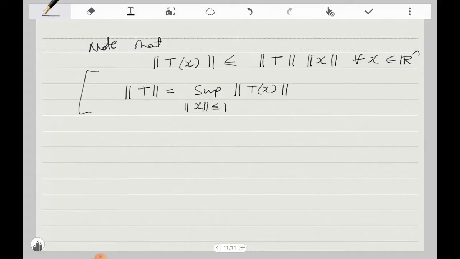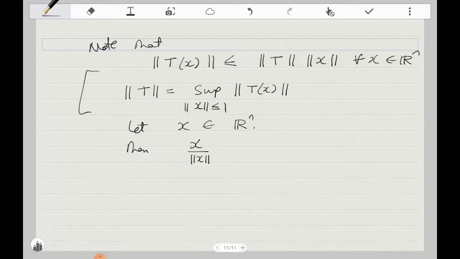But if I take an arbitrary x belonging to Rn, then we can look at the unit vector x divided by norm x.